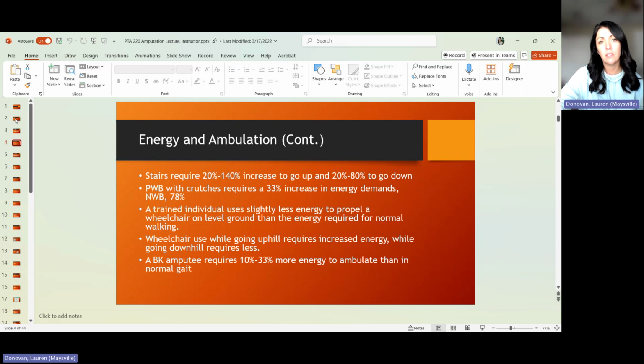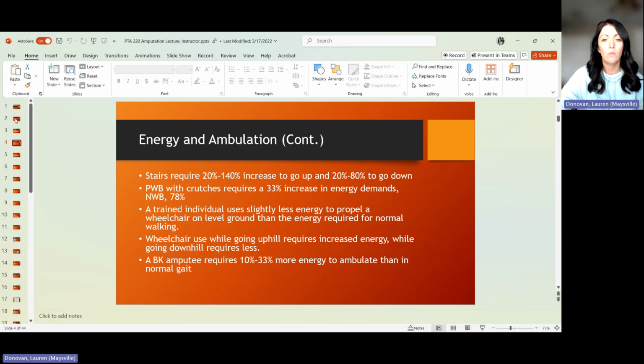Stairs, and all these percentages are going to be based upon the individual and depending on the level of the amputation, can be anywhere from a 20 to 140% increase to ascend stairs, and 20 to 80% increase in energy demands to descend stairs. If they were partial weight bearing with crutches, that's going to require a 33% increase in energy demands, and non-weight bearing is 78%.